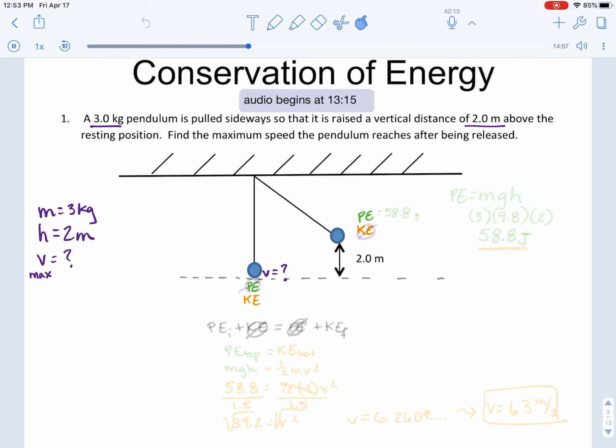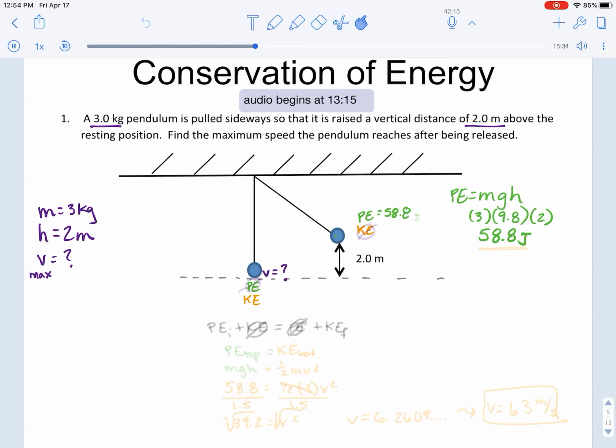So at this location, we could calculate the potential energy of my pendulum by using mass times gravity times height. So 3 times 9.8, remember it's a positive here, times 2 is going to give me 58.8 joules of potential energy right here.